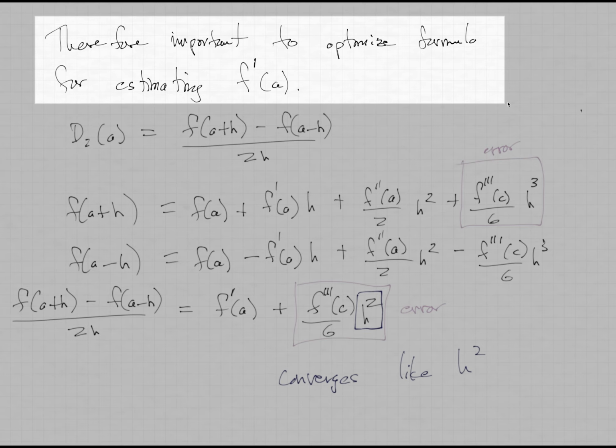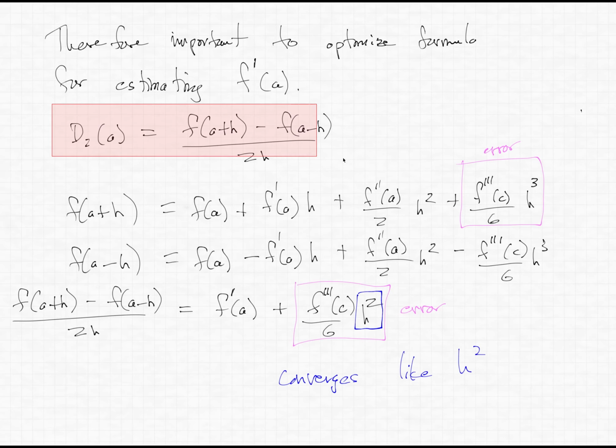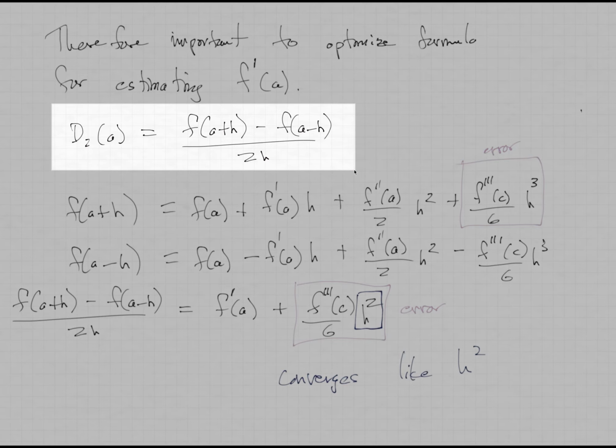And we can actually do better than the one we just used, which was kind of a naive formula based on the definition of the derivative. So here's a better formula. I'll call it D2. What we do is we sample one point on the right of a and another point on the left of a and divide by 2h.